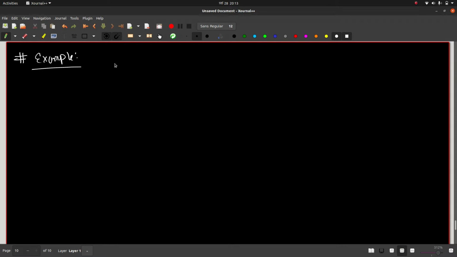Let's say I have two vectors, v given by 1 2 3 and w given by 4 5 6, and we want to find out what is dx1 wedge dx2 when this is acting on v and w.